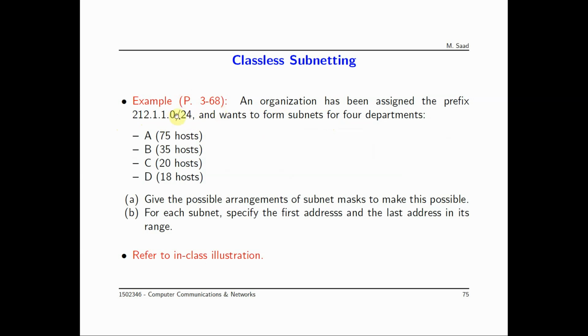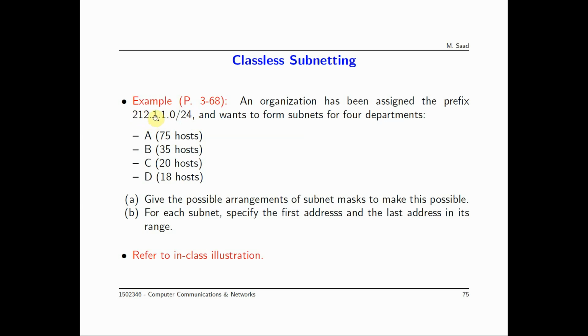So what we say here is that this is the first IP address assigned to us, and among those 32 bits, 24 bits are fixed, representing the network ID, and the rest of the bits, which is 8 obviously here, 32 minus 24 is 8, are representing the host ID.